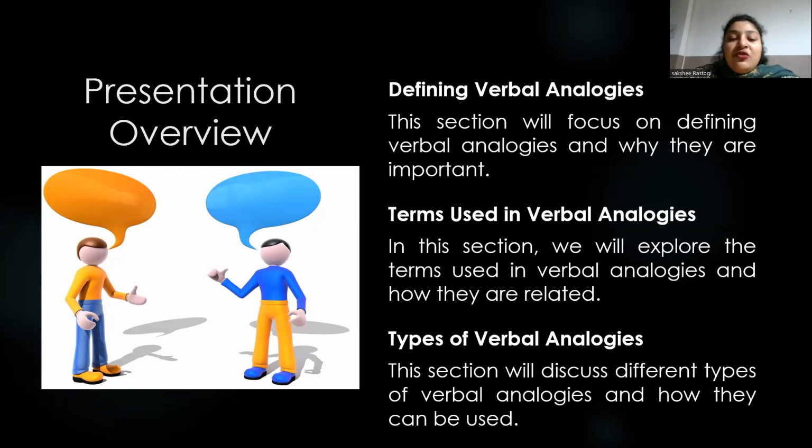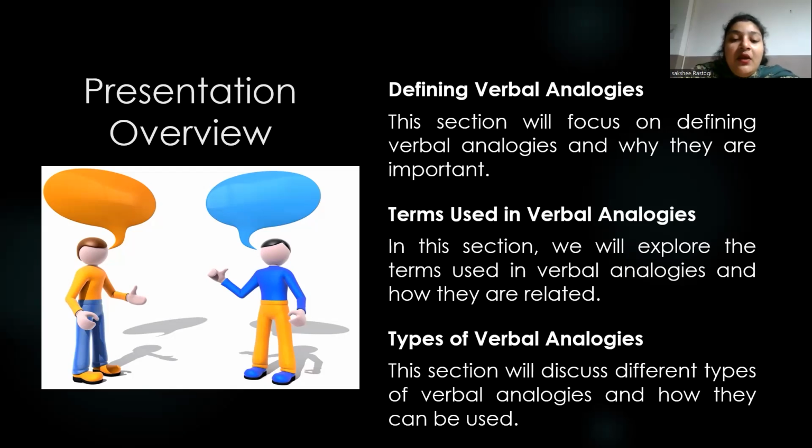Standardized test preparation: they are also commonly used in assessments like SAT, GRE, GMAT to evaluate critical thinking and problem solving skills. Improved communication: by understanding analogies, you can better comprehend complex ideas, nuances of language, and figurative language.